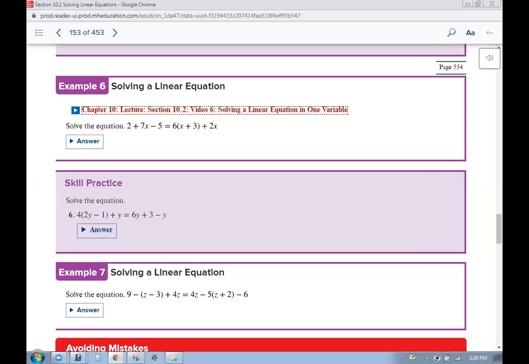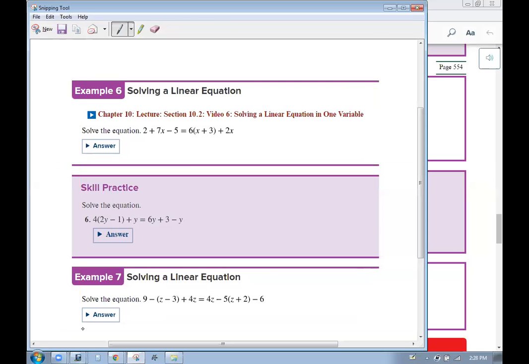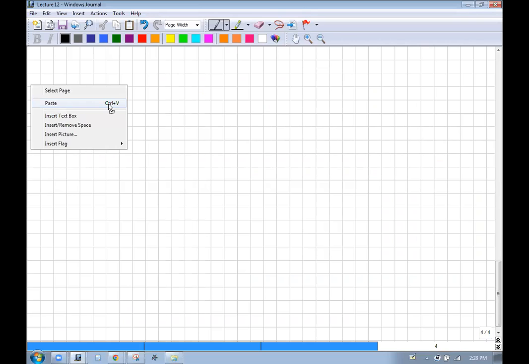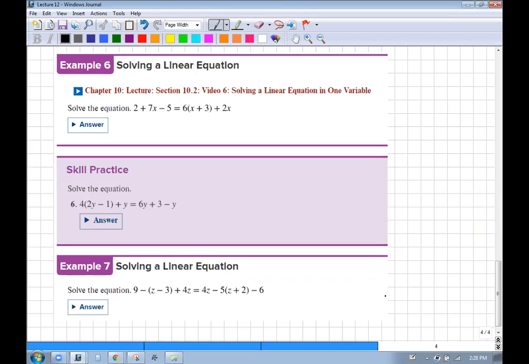Okay, let's see here. There's X's all over the place. That's okay. First thing we're going to do is combine this 2 and this 5.